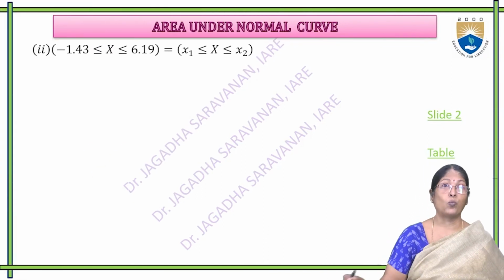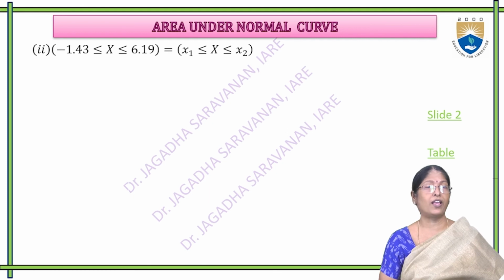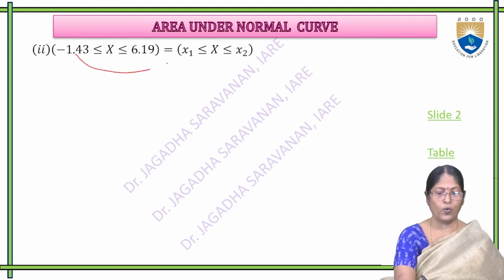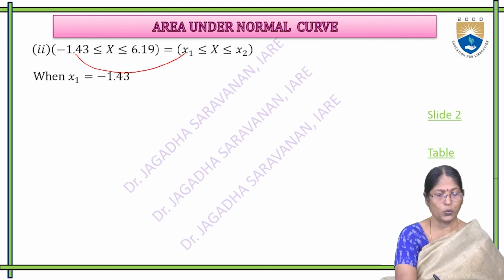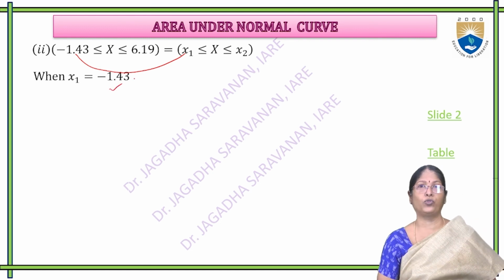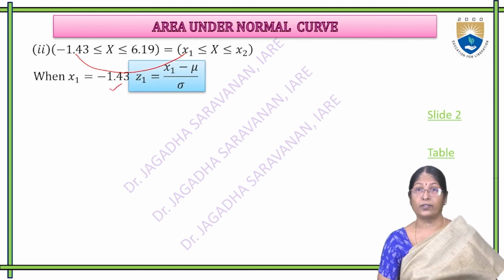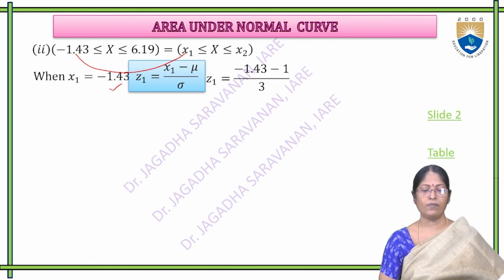Yes, minus 1.43, x lies between 6.19. So we are now very familiar with these problems. X lies between x1 and x2. When x1 equals minus 1.43, it is converted into z1 equals x1 minus mu by sigma.